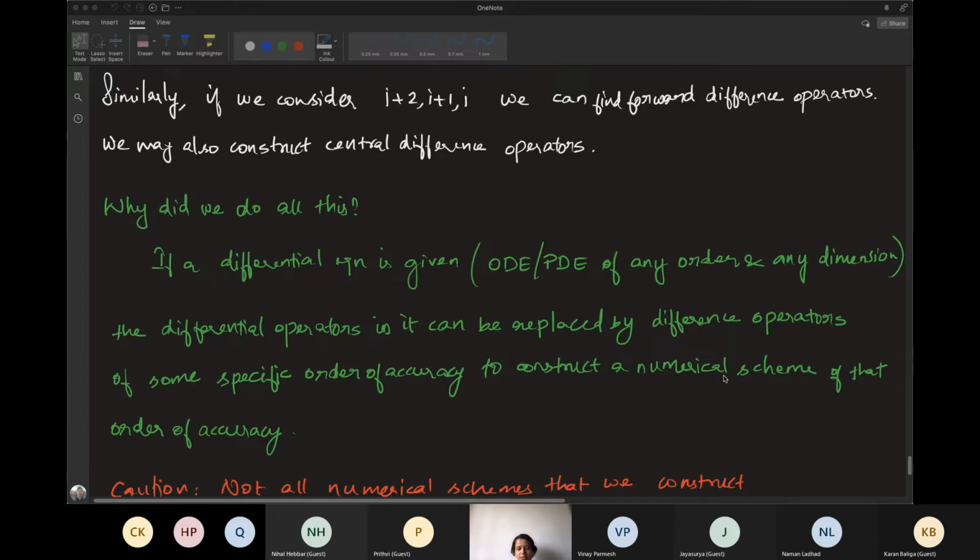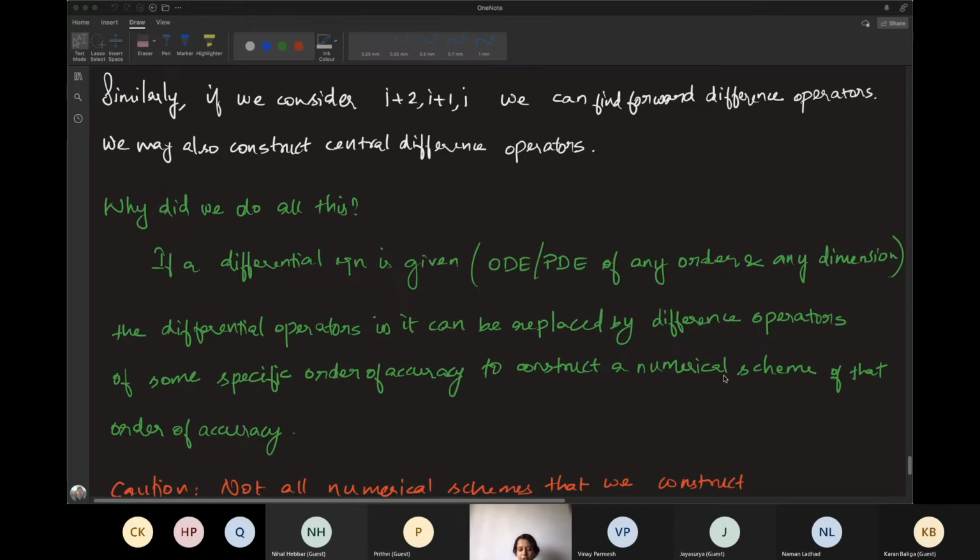If your requirement is to use only backward differencing or the backward stencil points, or to have some specific order of accuracy for the whole equation, then you have to find your difference operators for each of the differential operators with that specific order of accuracy that you require through this method.